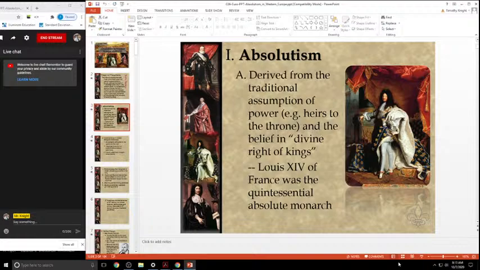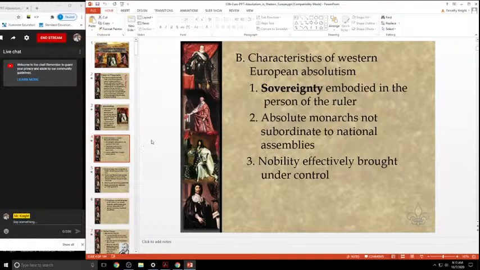Now, don't get Louis XIV confused with a later king from about 150 years later named Louis XVI. But Louis XIV was this quintessential absolutist monarch, all right? And we need to talk a little bit about characteristics of Western European absolutism. Absolutism is going to look slightly different in Eastern Europe, but it'll be very similar.